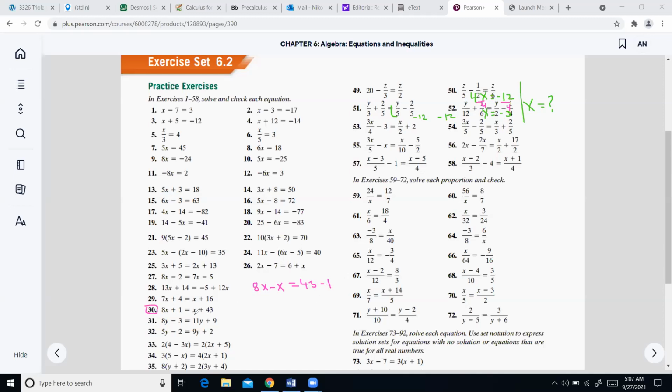What I did, I subtracted 1 on both sides, and that's how -1 appeared next to 43. And I also subtracted x again on both sides of my equation, and that's how this 8x minus x appeared on the left.